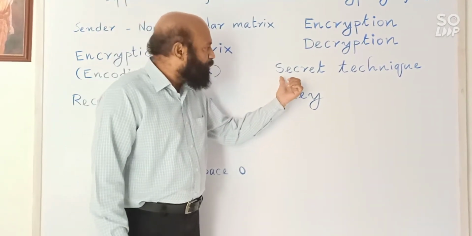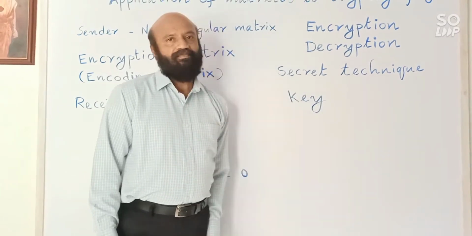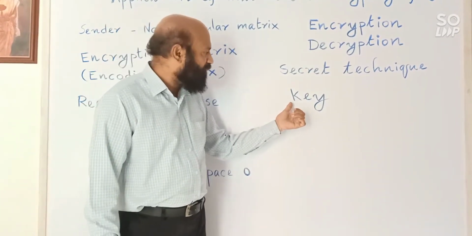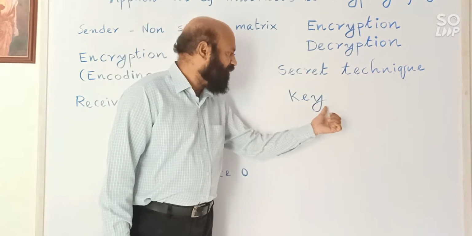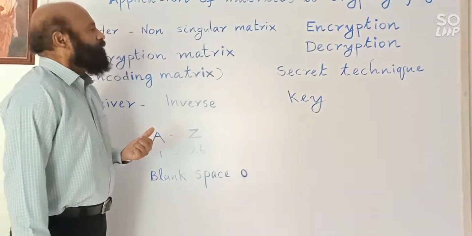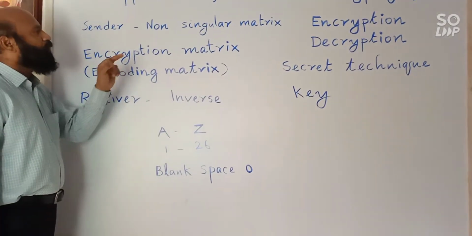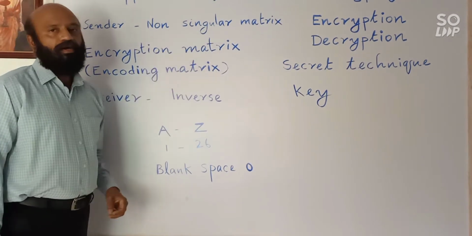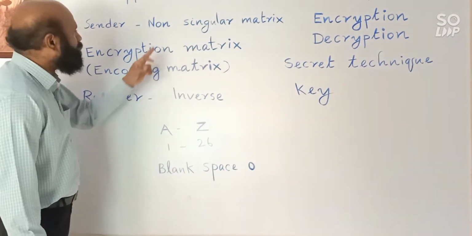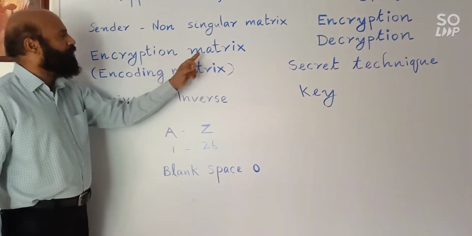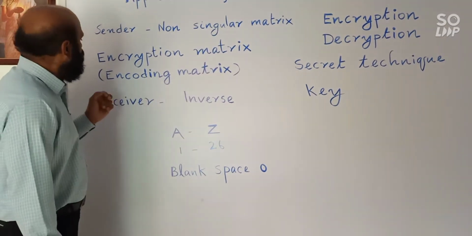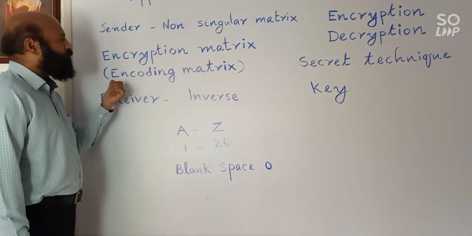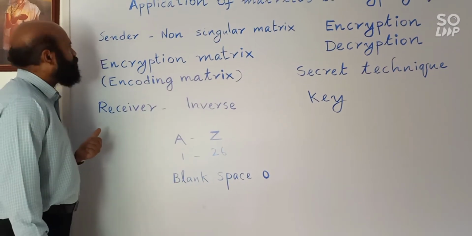So this depends on a secret technique. That secret technique is known as a key. A sender uses a non-singular matrix. That matrix is called the encryption matrix. Another name for that is the encoding matrix.